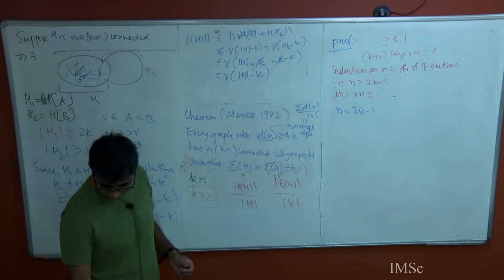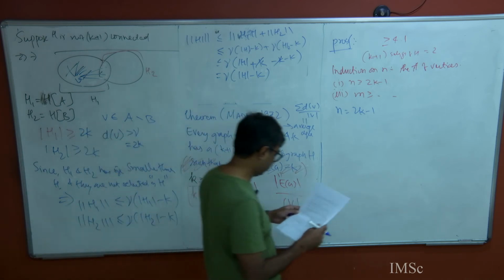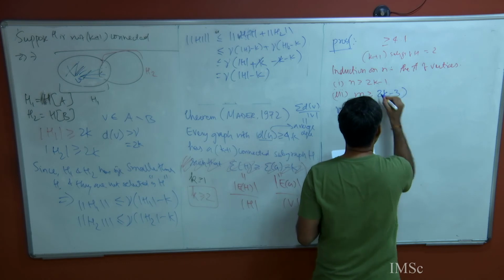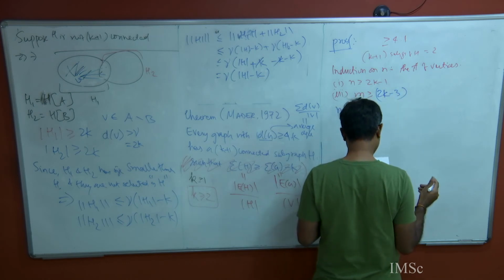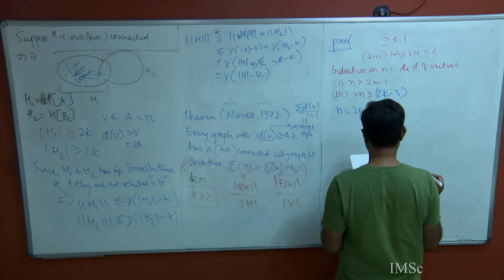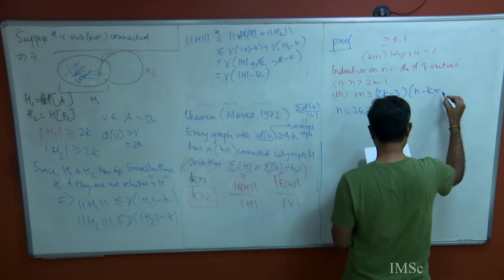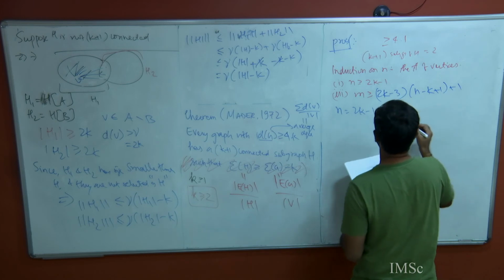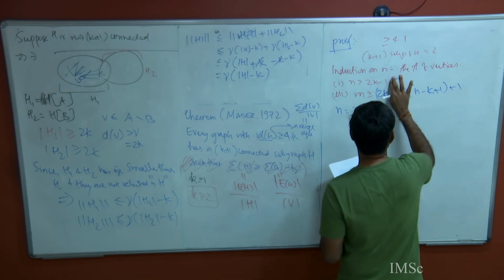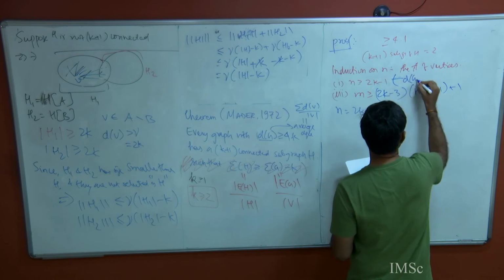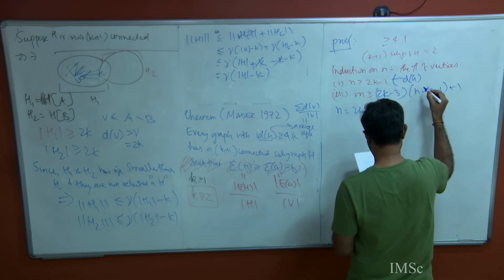Let me write down that m is at least, for our purposes, the following. This follows from the fact that the average degree of a graph is greater than or equal to.